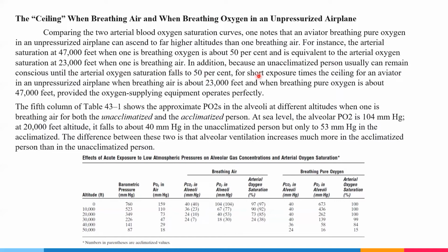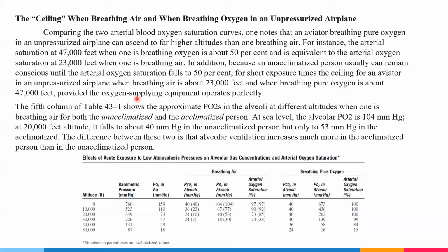In addition, because an unacclimatized person usually can remain conscious until the arterial oxygen saturation falls to about 50%, for short exposure times, the ceiling for an aviator in an unpressurized airplane when breathing air is about 23,000 feet, and when breathing pure oxygen is about 47,000 feet, provided that the oxygen supplying equipment obviously works perfectly.